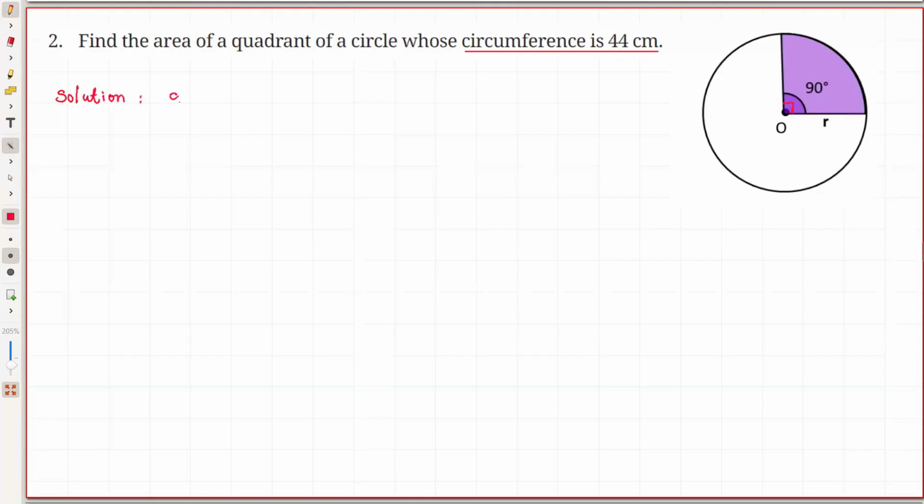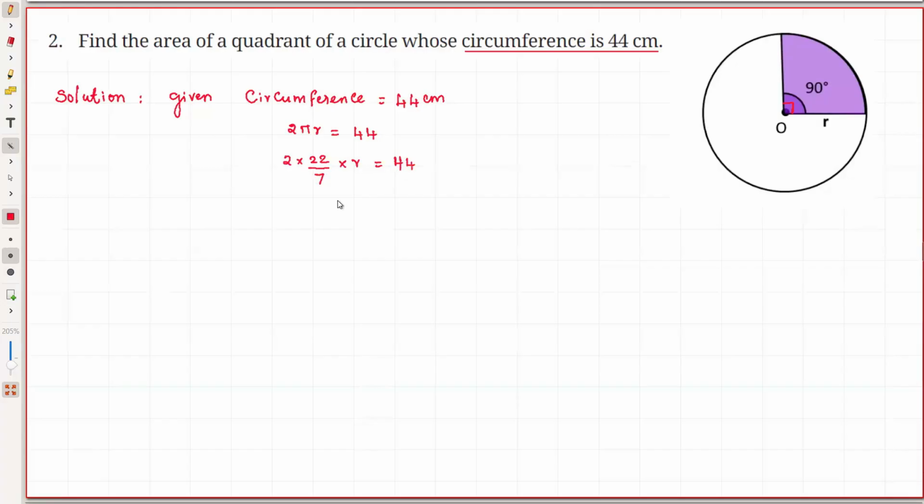So what is given first? Circumference is given. Circumference is equal to 44 centimeter. We know that the circumference of the circle is 2 pi r. So 2 pi r is equal to 44 centimeter. Now 2 into pi value 22/7 into r is equal to 44.